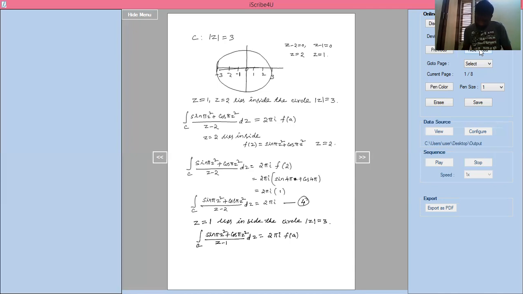Here f of z is nothing but sine pi z square plus cos pi z square, and a is 1.